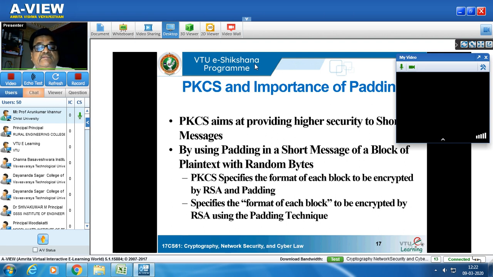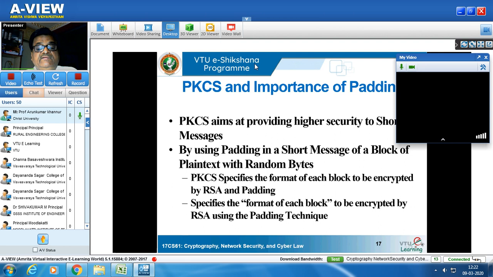To overcome this, by making use of the padding concept in PKCS, random bytes are pushed into the short message so as to make it larger. PKCS specifies the format for how you can actually enlarge the block.